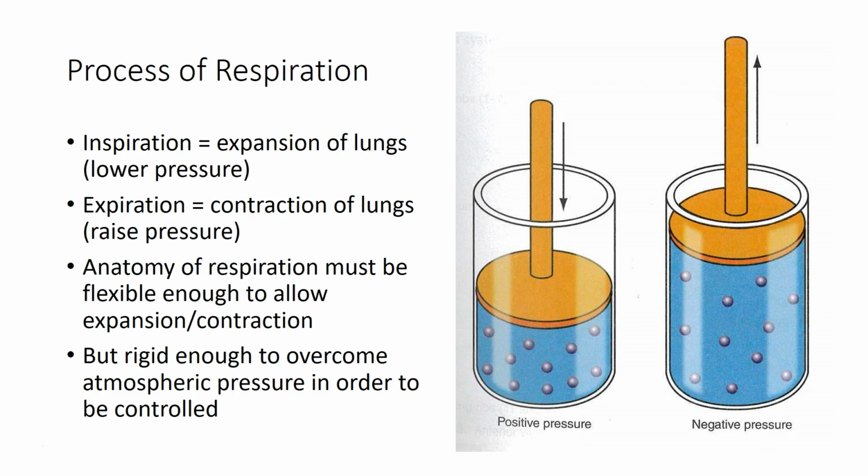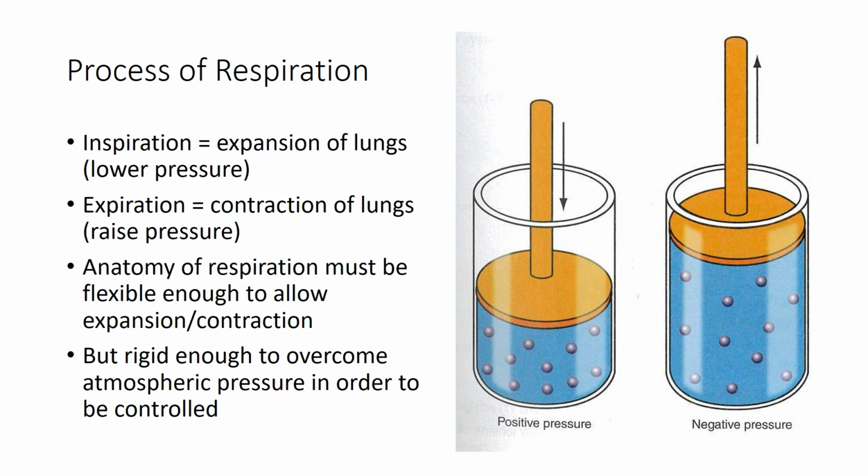These positive and negative pressures are relative to the atmospheric pressure in the outside world. So overall, the process of respiration involves inspiration, expanding the lungs to lower the pressure within the lungs, as in the image on the far right. That will draw air in from the outside world. Expiration is contracting the lungs, as in the image on the left. That will create positive pressure relative to atmospheric pressure and push air into the outside world.